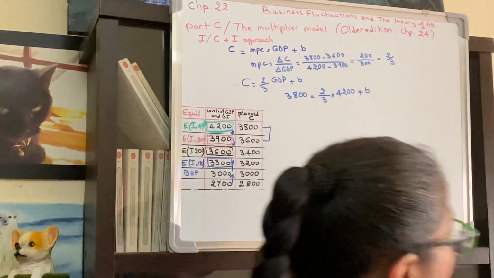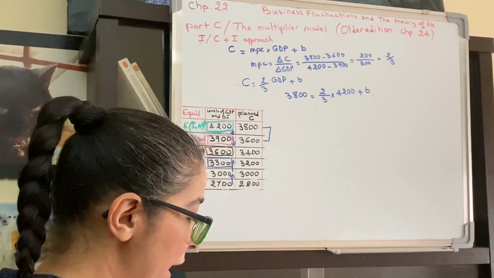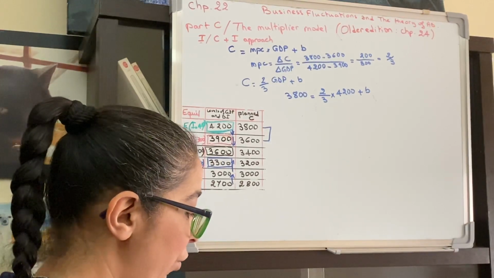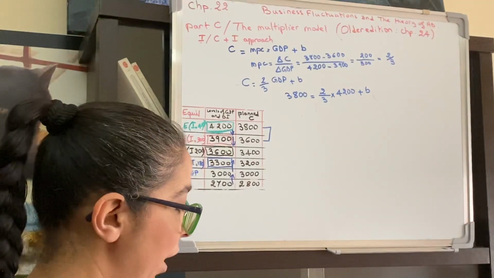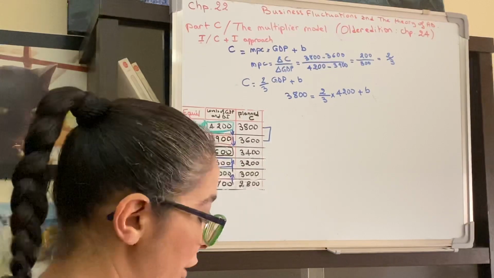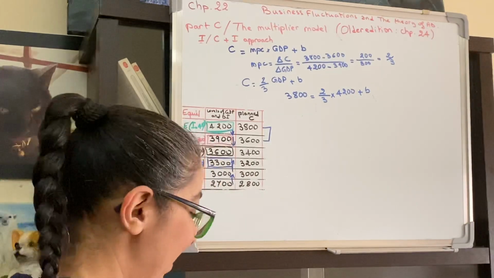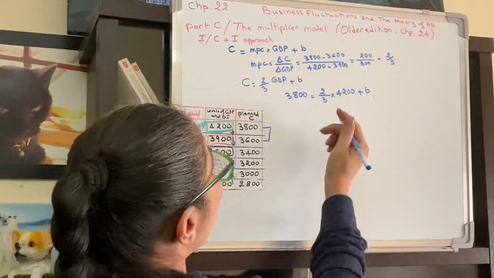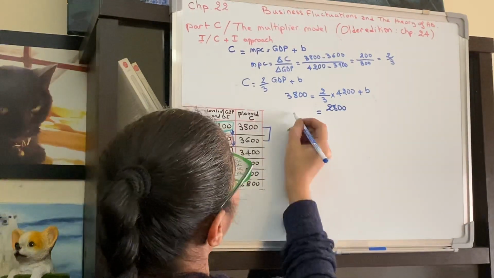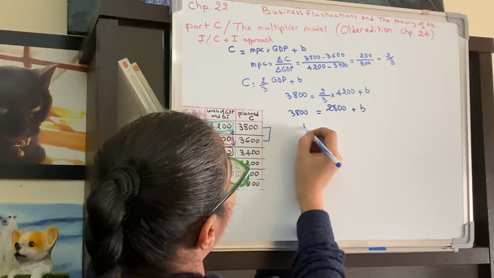So 4,200 divided by 3 multiplied by 2 is equal to 2,800. Sorry, guys. That's 2,800, and that equals 3,800 plus B. So my B is equal to 1,000.